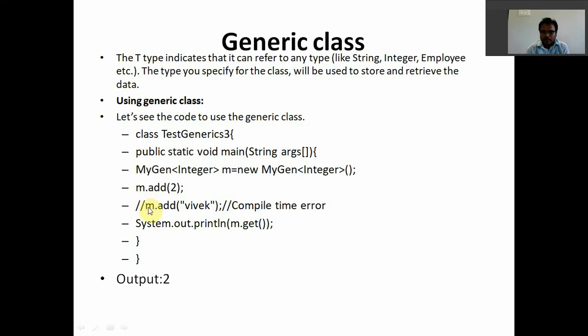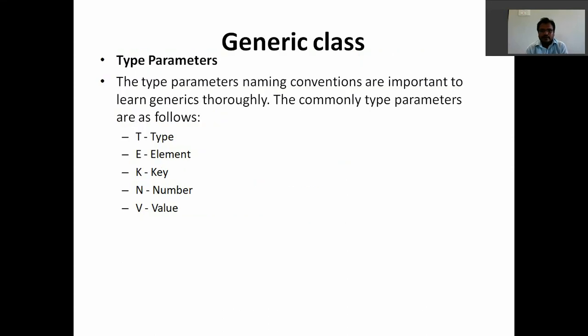But whenever you add a string type, at the time of compilation you get an error. Why? Because here we are creating an integer type, but you are adding a string type. So that's why we get an error. Here no problem, successfully compiled. The output is 2. Now I will show this particular example with the help of online compilers, after completion of the next concept. Then we will look into the corresponding examples.